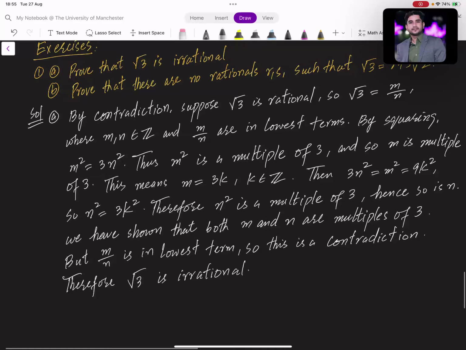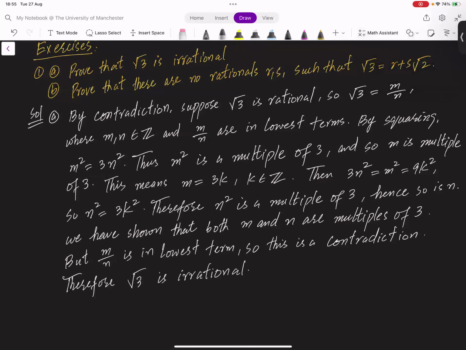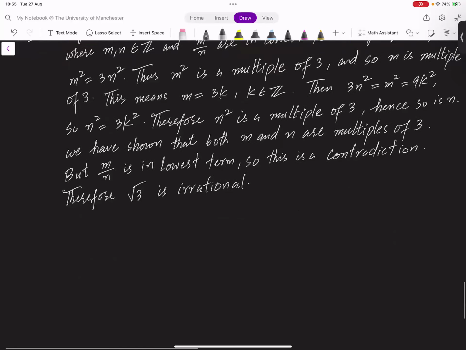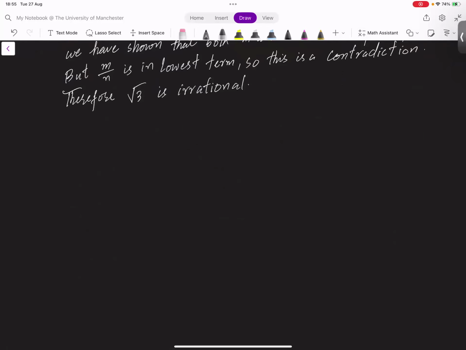Part B is prove that there are no rationals such that under root 3 can be written in this form. And to do that, let's say part B, you can also do this by contradiction.